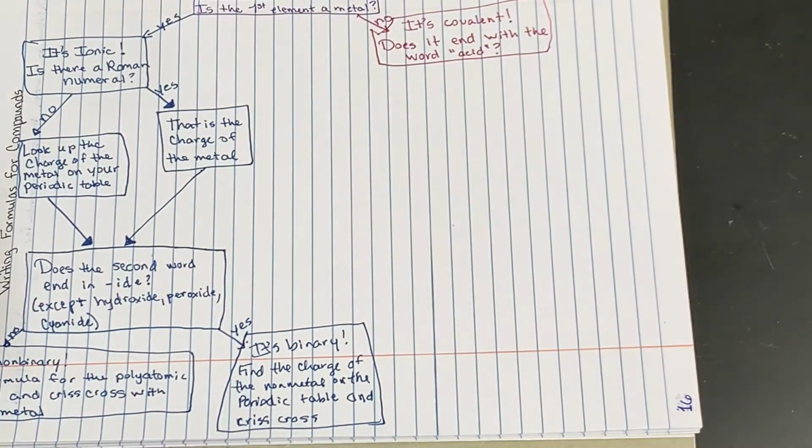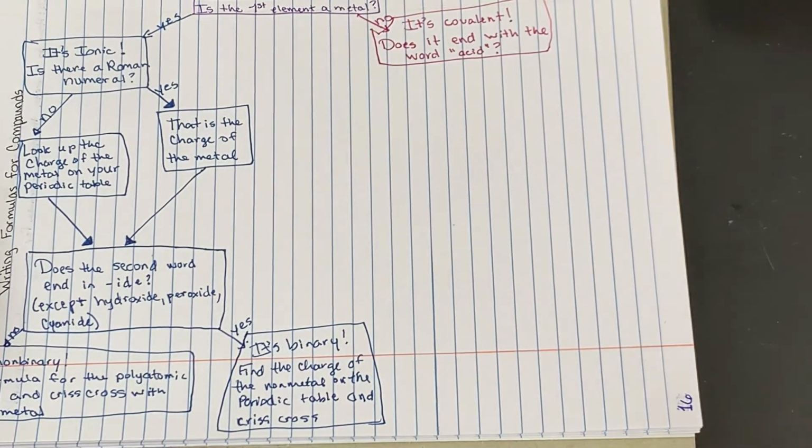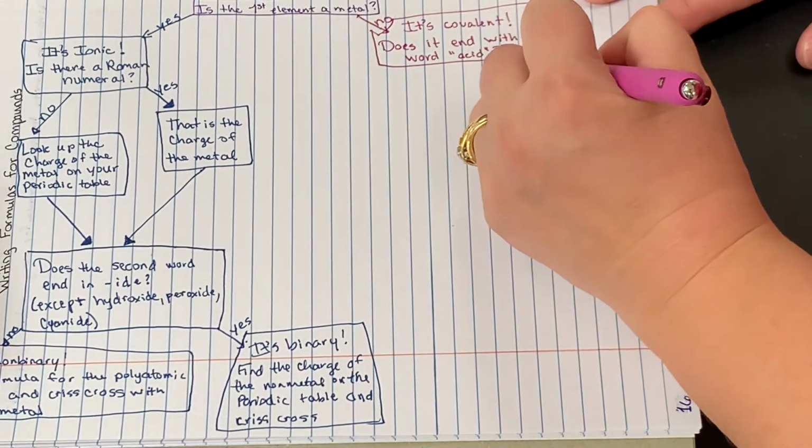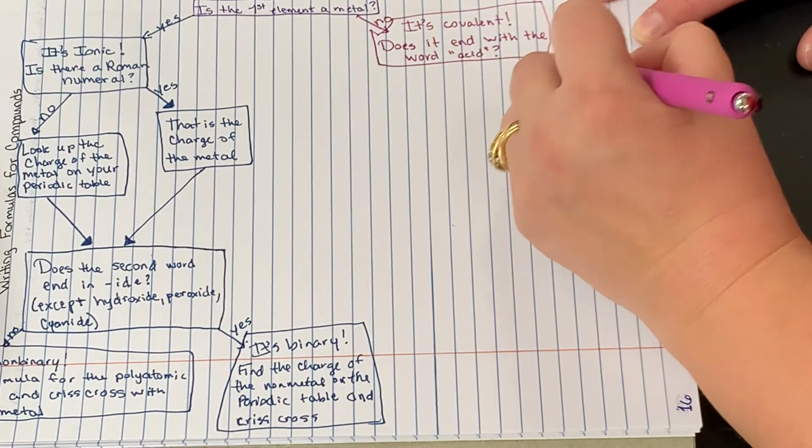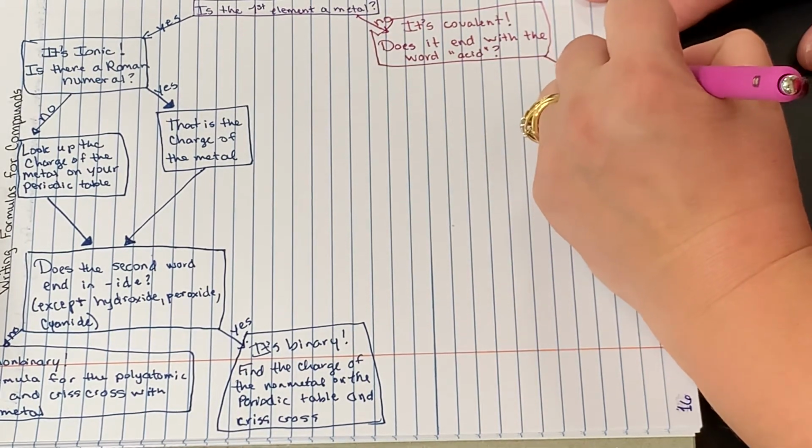Very straightforward idea. Does it end with the word acid? All of our acids end with the word acid, whether it's a binary acid or an oxyacid. All the acids end with the word acid. Okay, so let's go with no. What if it does not? What if we're not talking about an acid? Then we have a binary covalent compound.